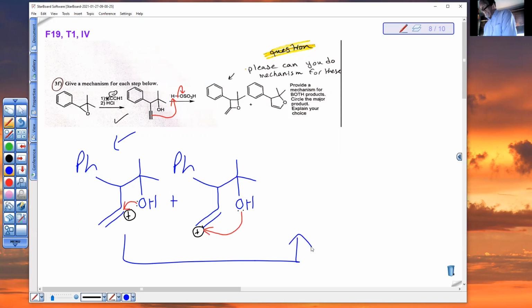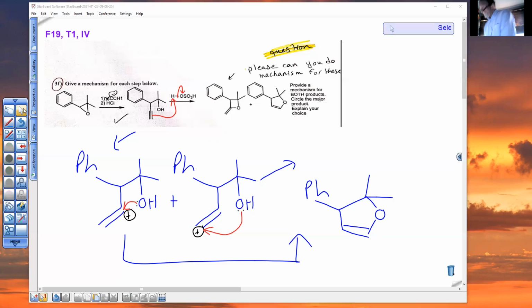Sure. This one will go to phenyl CHC. We can put the double bond going that way. One, two. Something's not right there, is it? No, that's not right.